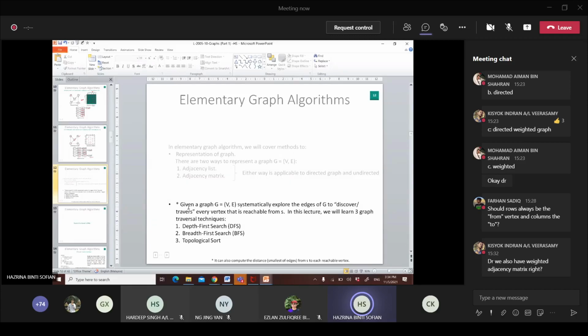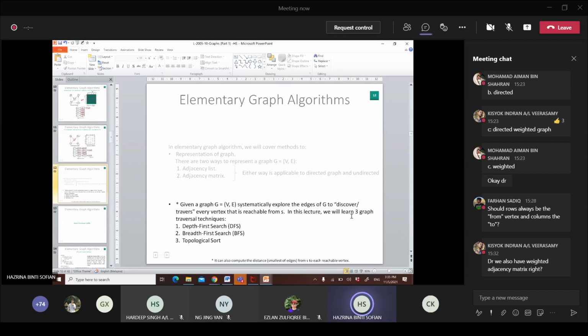So given a graph G, with V and E, these are all the vertices and edges. Systematically explore the edges of the graph to discover or traverse every vertex that is reachable from S. S is the starting point.